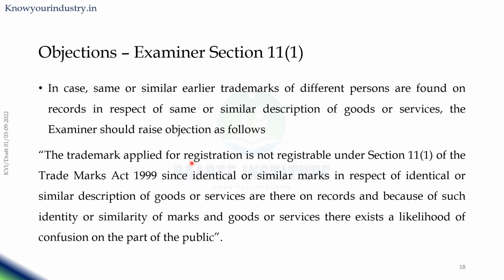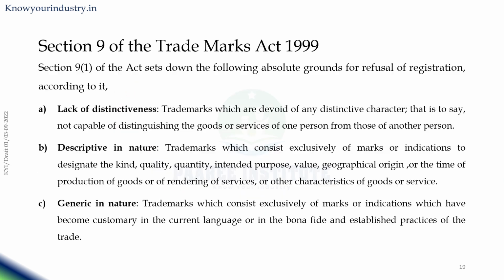The trademark applied for registration is not registerable under Section 11, since identical or similar marks in respect of identical or similar description of goods or services are there on record, and because of such identity or similarity of marks and goods or services, there exists a likelihood of confusion on the part of the public. So in this way, you may get an objection from the examiner.